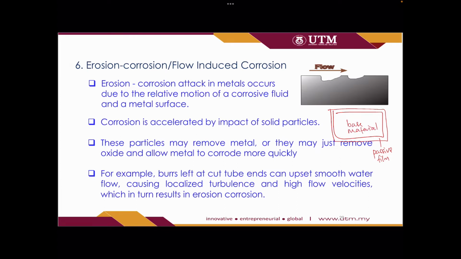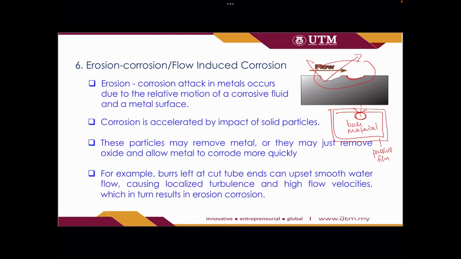So once these passive films are destroyed, this exposed area will turn itself into active material, and will react with the environment and allow corrosion. The first case is the particle itself removing the metal, or the flow itself removing the metal, and you may see the degradation at the surface.